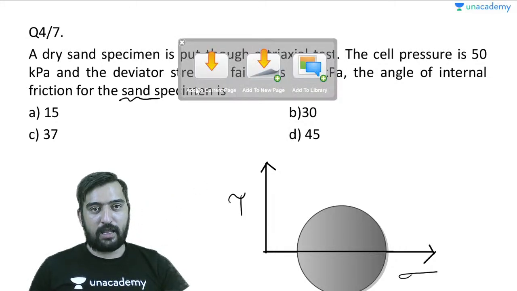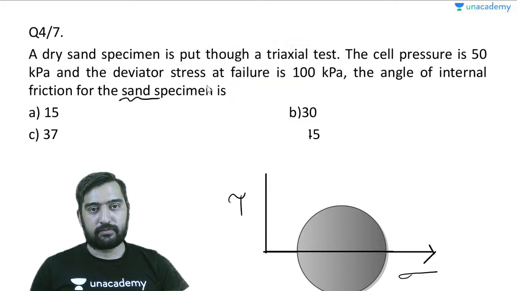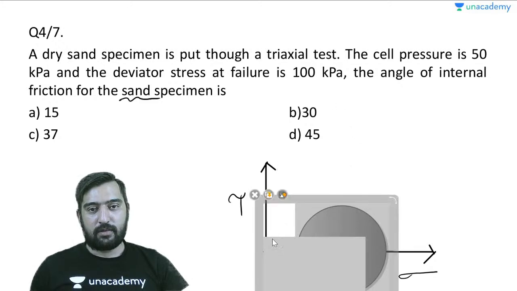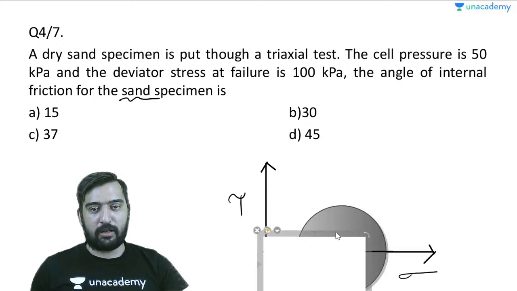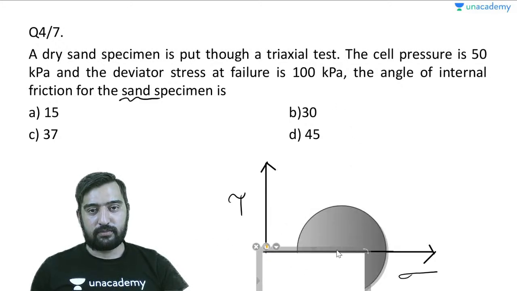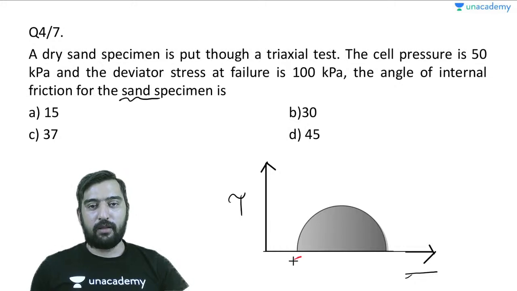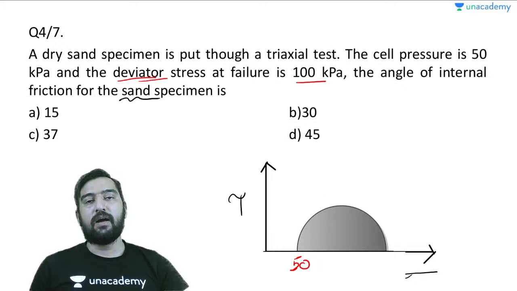Okay, Rituraj is saying B. Let's check it. देखते हैं ऋतुराज, अभी मुझे भी आंसर नहीं पता है. Okay, so it is 50 and the cell deviatoric stress is 100.